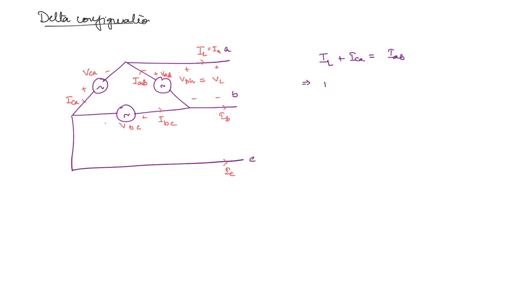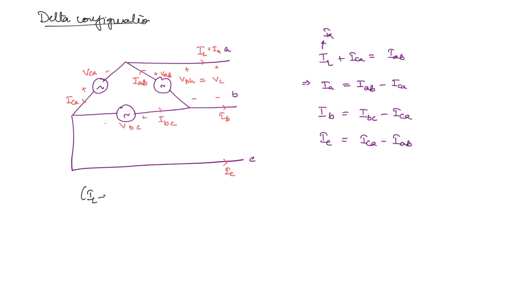So what will be the line current IA? IA is equal to IAB minus ICA. Similarly, for IB, you're going to get IBC minus IAB. For IC, you're going to get ICA minus IBC.